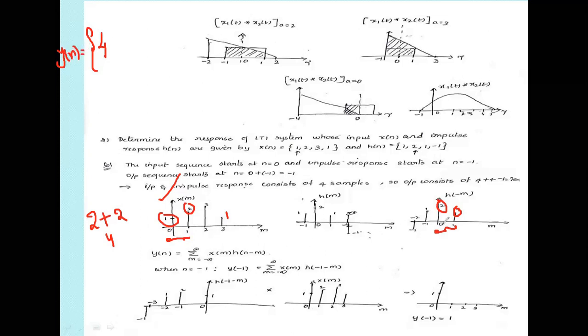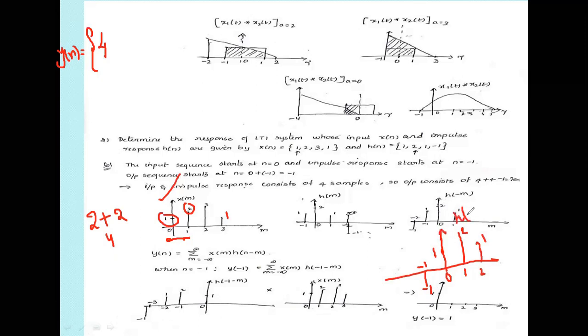Still you can move that value towards the right side by one sample. See, these are moving towards the right side by one sample. The graph minus 1 will get at minus 1, minus 1 value at minus 1 and 1 at 0 and 2 at 1, and 2 at the value is 1. Means one sample is shifted towards the right side.